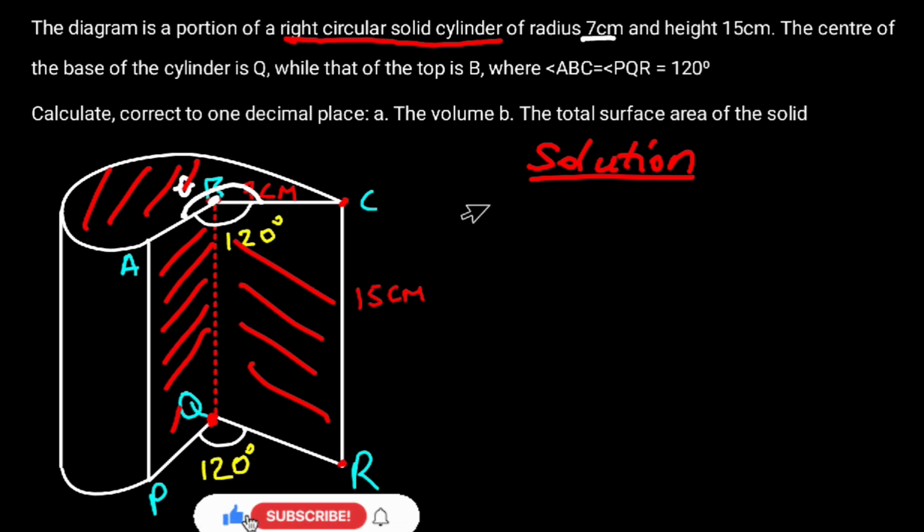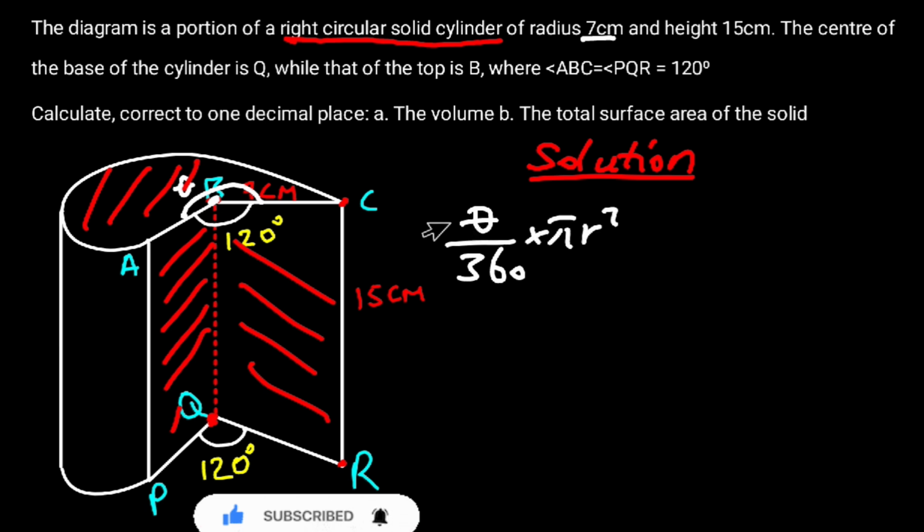is theta over 360 times pi r square. Alright, there are two, the top and the bottom, so let's put it in a parenthesis.